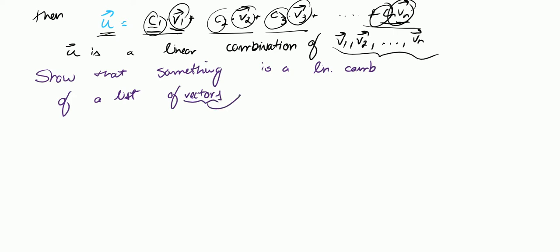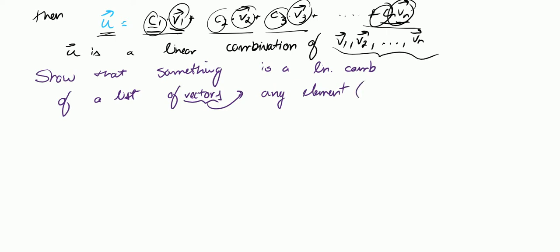A matrix can be a linear combination of different matrices, or a polynomial can be a linear combination of different polynomials. So vectors here is just a very broad, general term for any element.